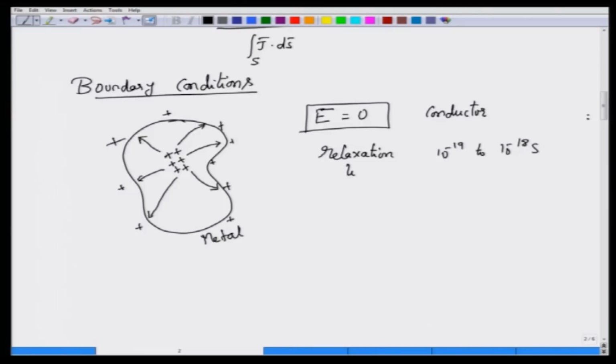It is so short that in less than an attosecond, that is 10 to the power minus 18 seconds, the charges would all be moved and placed on the surface. Again remember, it is not the original charges which are moving, because you can calculate that the velocity required would be very high. It is the effective charge that appears on the outside.